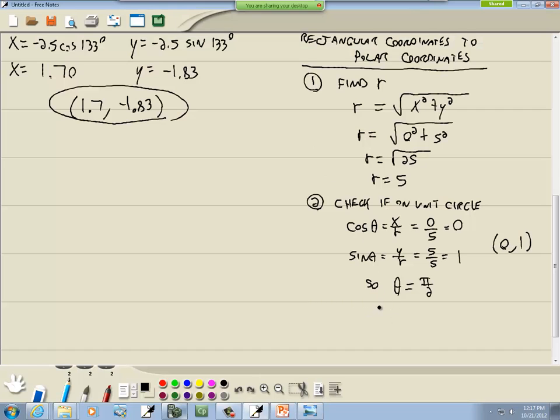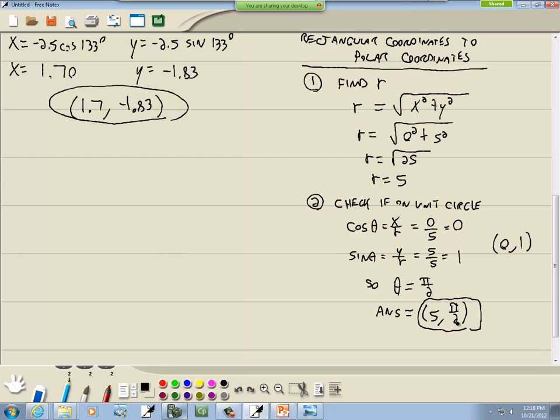And then our answer, since we now know r and theta, it'd be 5, pi over 2. Again, r and theta.